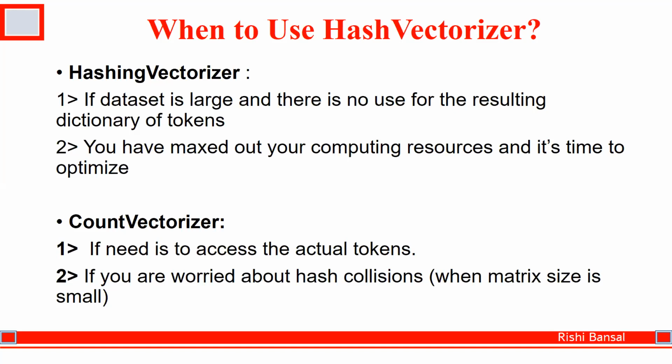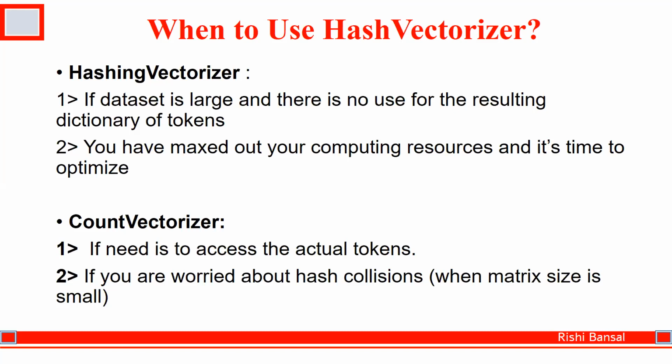One you already saw: if the need is to access the actual token. Suppose some use case where you just want the actual token, and whatever comes after that you are not worried about at all. There may be some use cases. In that condition, you use count vectorizer.